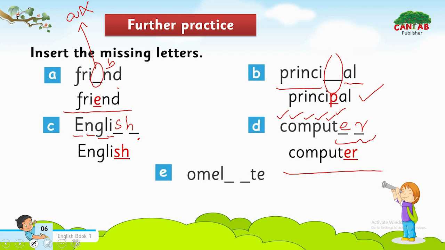These are in your book on page 6. Shabash. What is it? This is O-M-E-L dash dash T-E. Look at the words. Look at the letters. क्या लिखना है? Yes, this is an omelette.